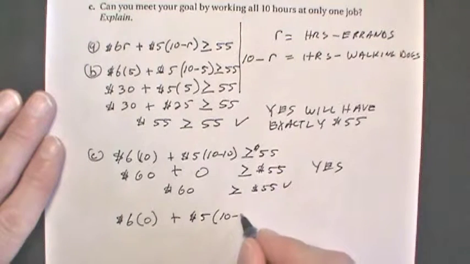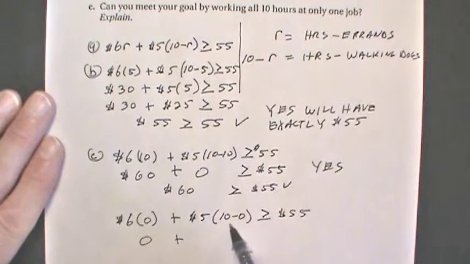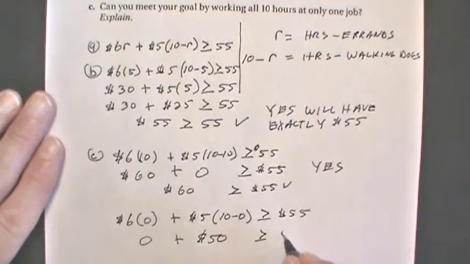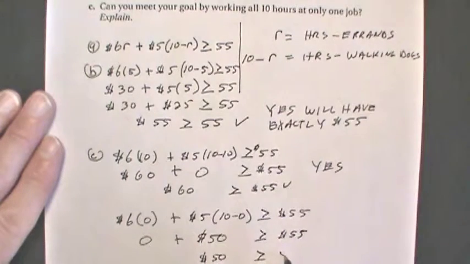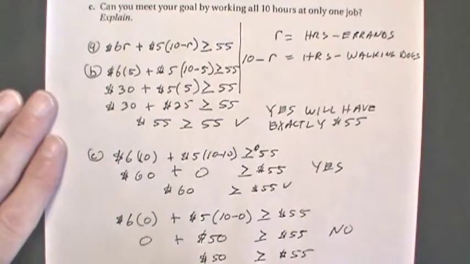Since R is 0, we're going to have 10 minus 0 here. So we have $0 for errands. We have 10 minus 0 is 10. 10 times 5 is 50. So we get $50 for walking the dogs. And we want to compare that to our 55. So we have $50 greater than or equal to 55. And in this case, no, we are not greater than or equal to 55.